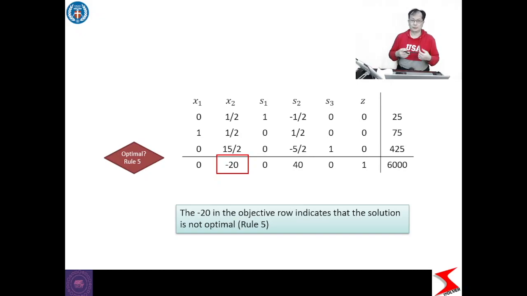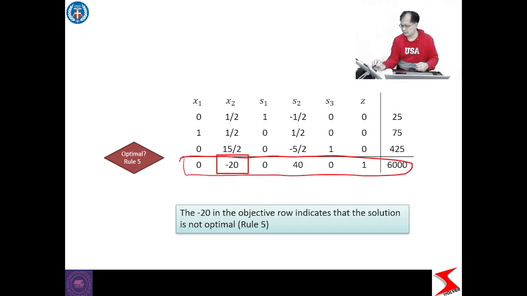According to rule 5, we need to check all of the values in the objective function row, whether there is still a negative value that could increase the objective function value. The answer is yes here, right? We have -20, so we still have the chance to increase the objective function value. So this one is not optimal.